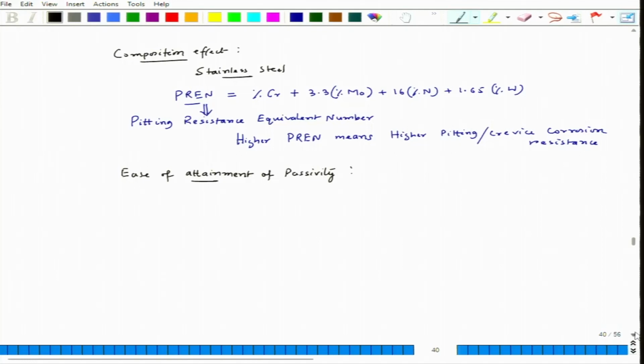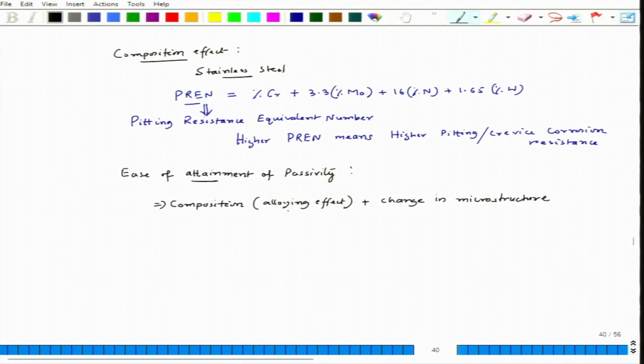Now, for that we have to look at two aspects. One is composition, the alloying effect, plus change in microstructure. These two effects can be considered together.